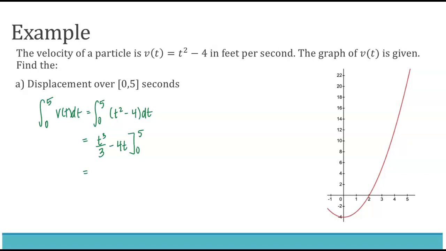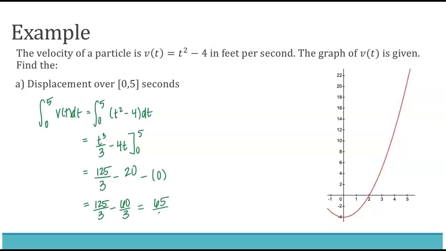If we plug in 5, 5 cubed is 125 over 3, minus 4 times 5, which is 20. If I plug in 0 into each of those t's, I'm just going to get a 0 in each case. So now I have 125 over 3 minus 60 over 3, those common denominators.